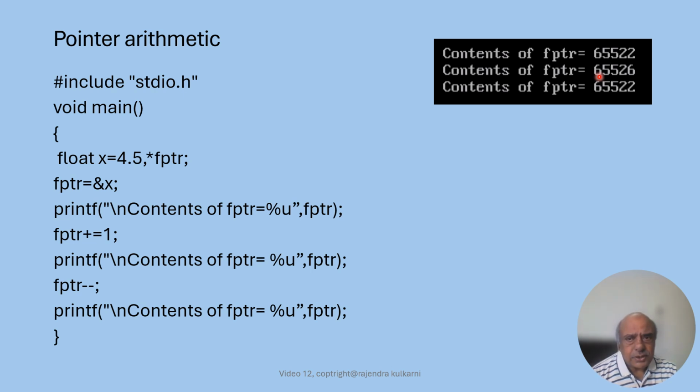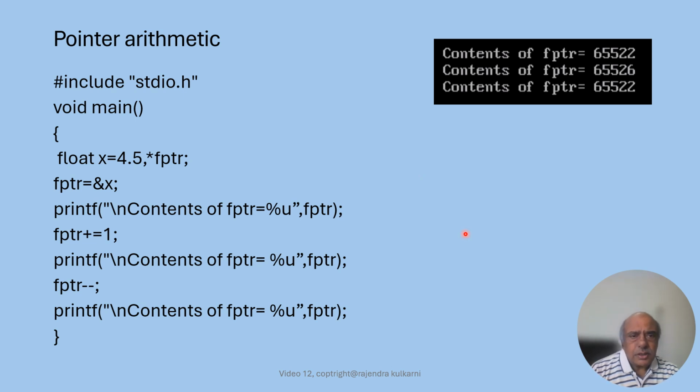What it actually does is cause the pointer to point to the next location for a float kind of variable. Similarly, when we decrement fptr, the contents of fptr are again 65522. So these are decremented by 4 locations.